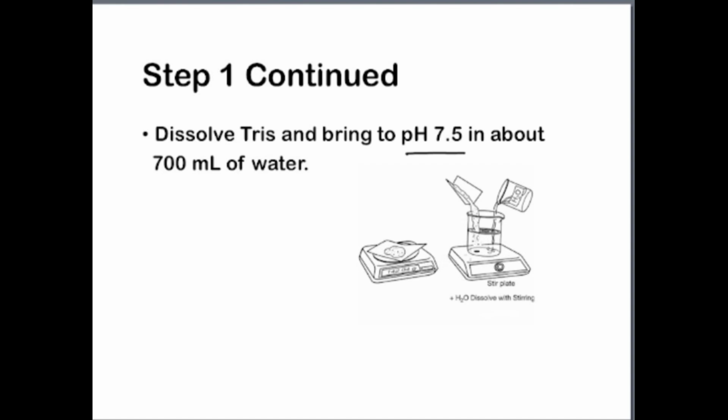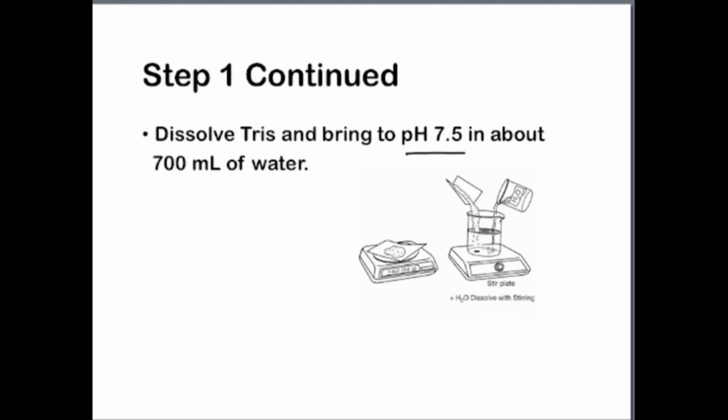Some people would, at this point, bring this solution to 7.5. You actually add HCl, but we're not talking about that in detail in this video. Other people might bring it to that pH after they've combined all of the reagents, all the components together. But again, that's not exactly the topic of this video. So at some point, you would bring this to pH 7.5.